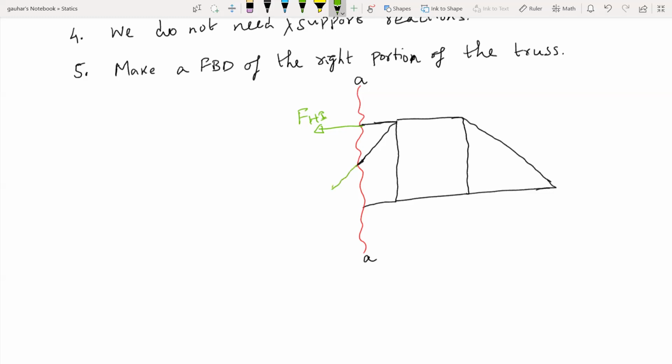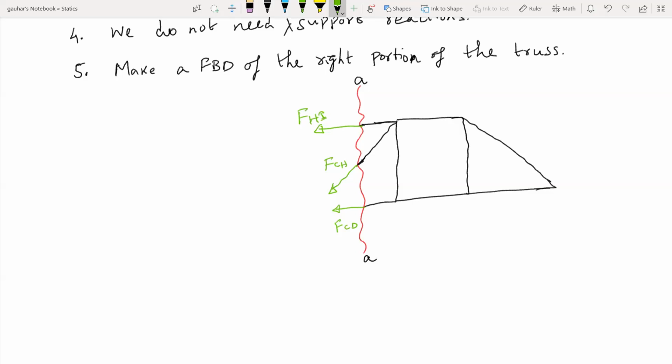So let's take, this is FCH, and this guy is FCD. Only if you can make out that there's a compression, then you can take compression, otherwise take tension in all the members, right? And in the end, if you get a positive number, then it means that it's a tension. If you get a negative number, then you can change the direction and you can say that it's not a tension, it's a compression force.